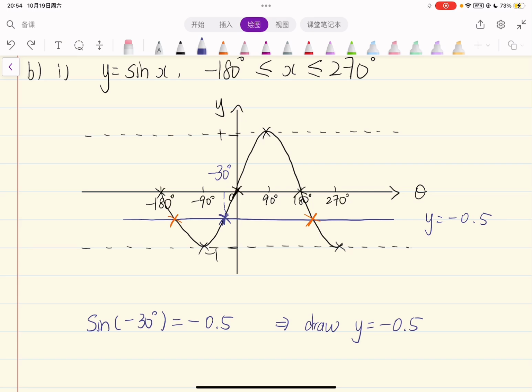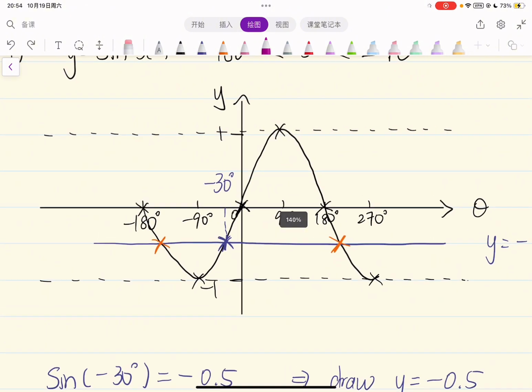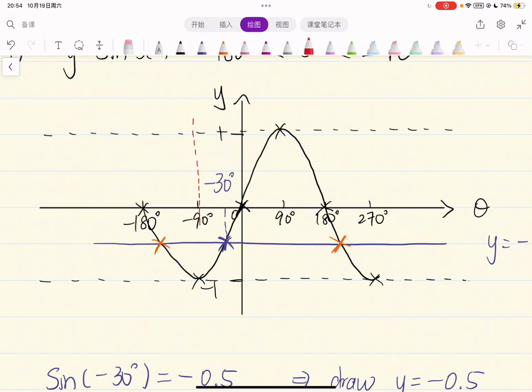So let us find these 2 points. You can see that between negative 180 degrees and 0, theta equals negative 90 degrees is a symmetrical line.